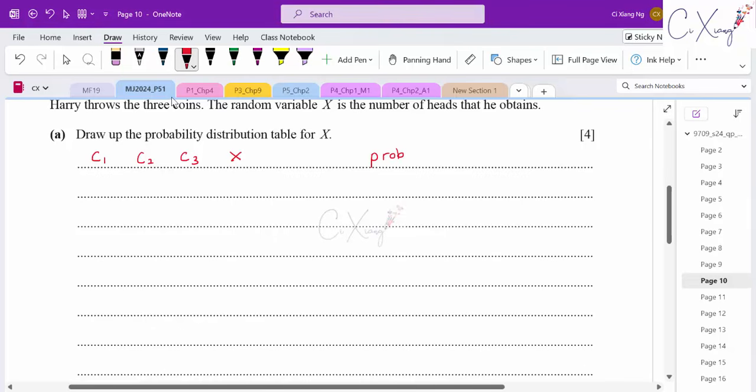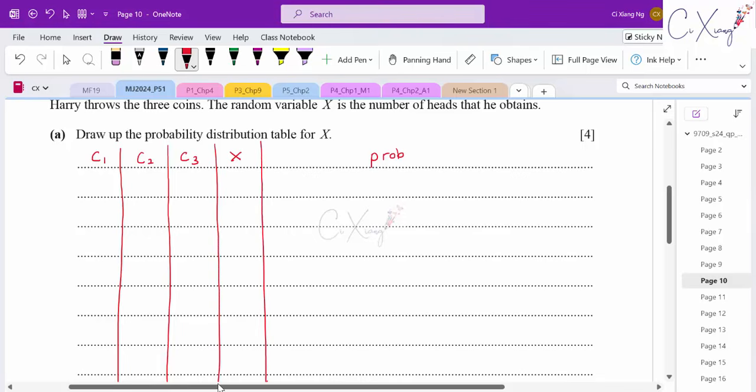All the steps here are just a suggestion. To me, I don't wish to draw a tree diagram which is so big when you want to throw the 3 coins. All the outcomes are very, very big, so I try to avoid that if I can. But of course, some students prefer to use a tree diagram. You can just go ahead.